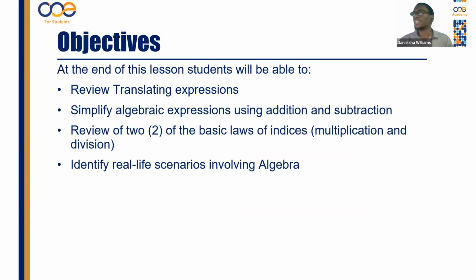Following that, we look into simplifying algebraic expressions using addition and subtraction, followed by reviewing two basic laws of indices, multiplication and division. And finally, we look at a real life scenario where we can apply algebra.